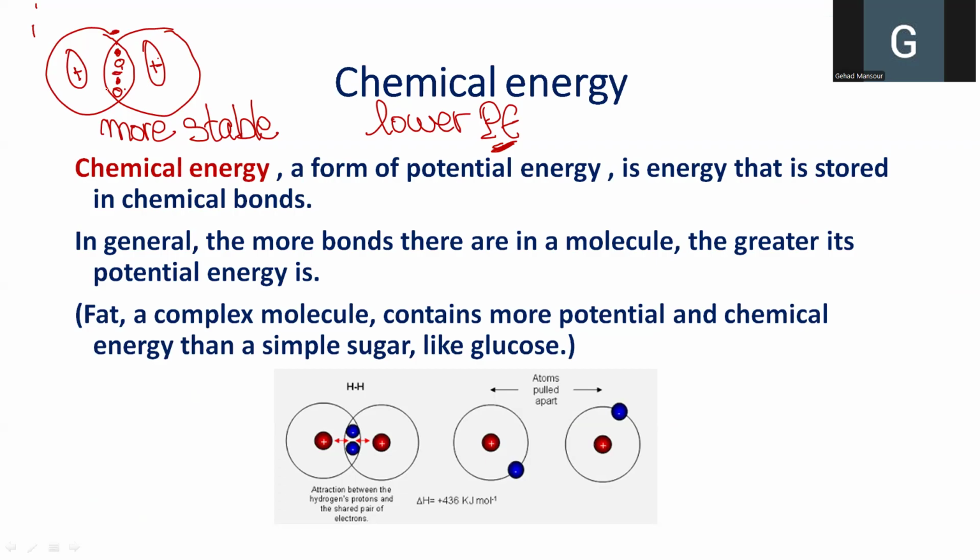So they are forced to stay in a particular position, just like when you hold a ball or a particle and put it above a shelf or above a hill, it is forced to stay there. So it has stored potential energy due to its new position. So chemical energy is again a form of potential energy.